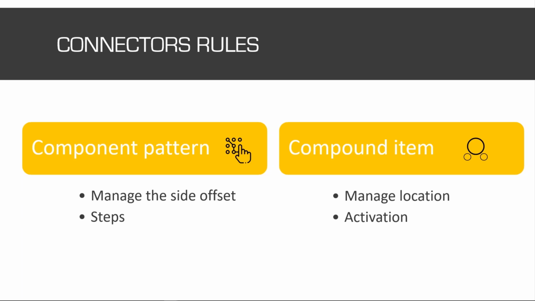And the compound item is a bit different because you will have to manage all the different items that you have in this compound item, and you will be able to manage the location of each component and each activation and so on. So we can go a bit deeper in detail with this way of working.